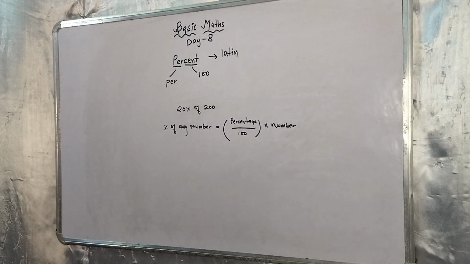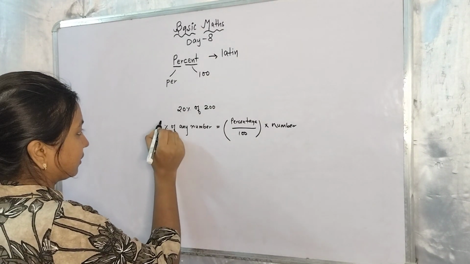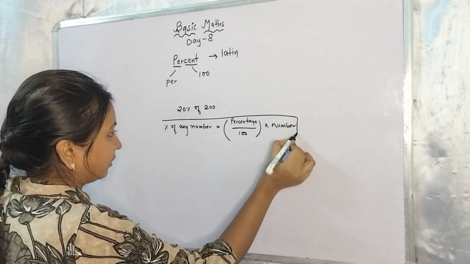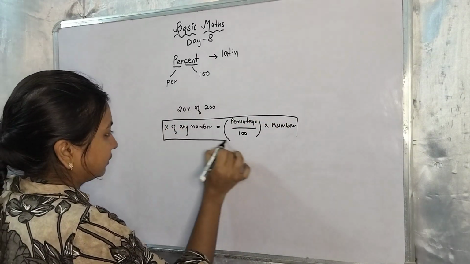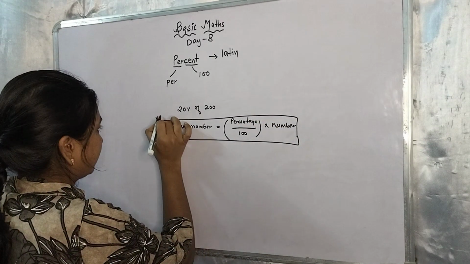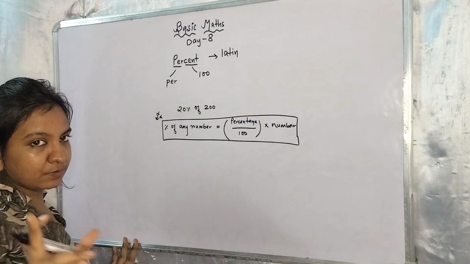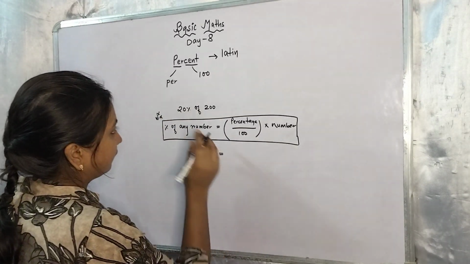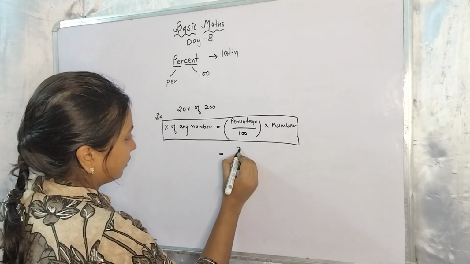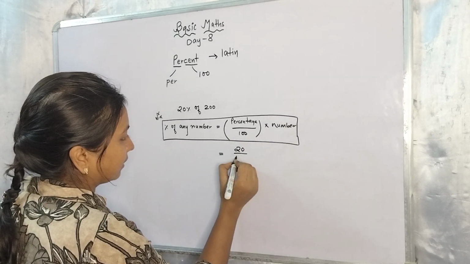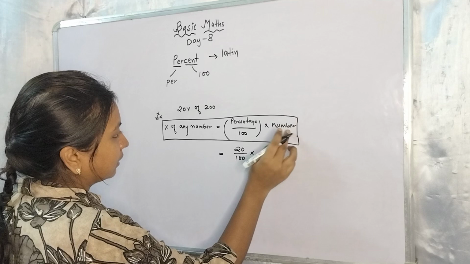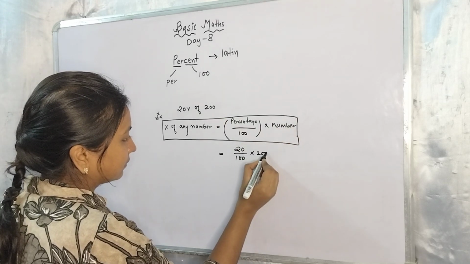So when you memorize it, this is important. So do remember this formula. This is very important. Now if you put this into the question, then 20, which is a percentage, by 100 into the given number, that is 200.